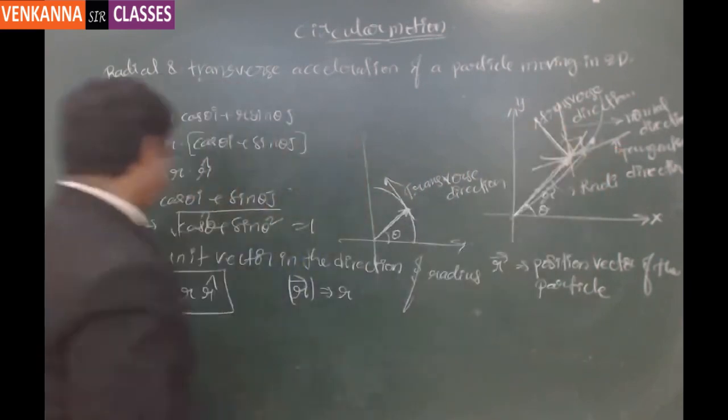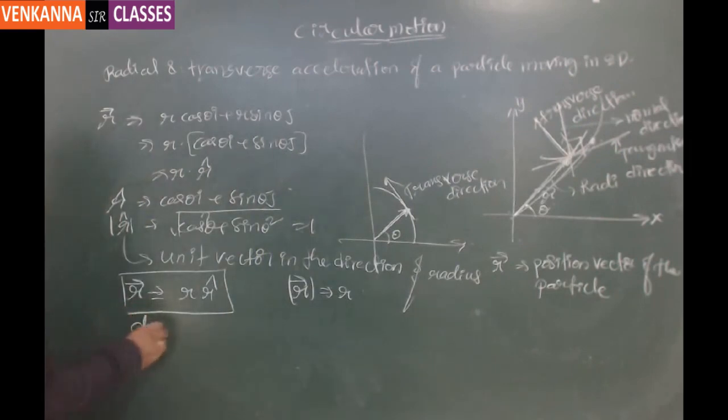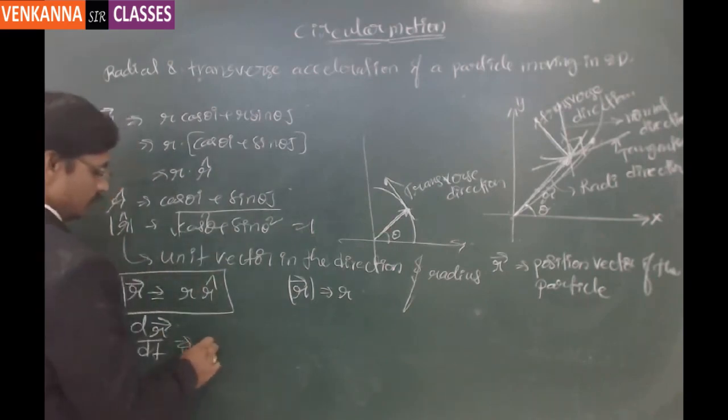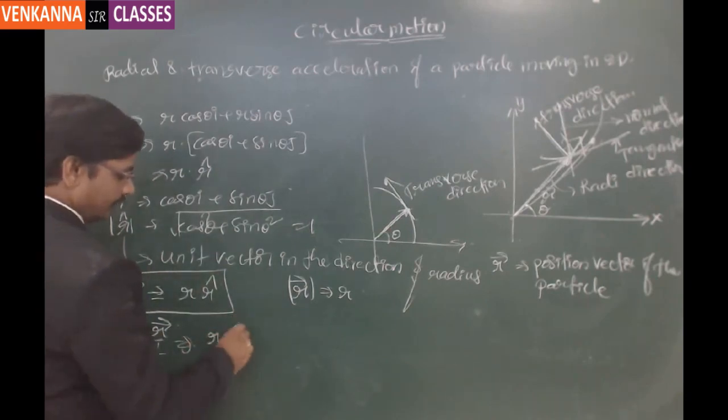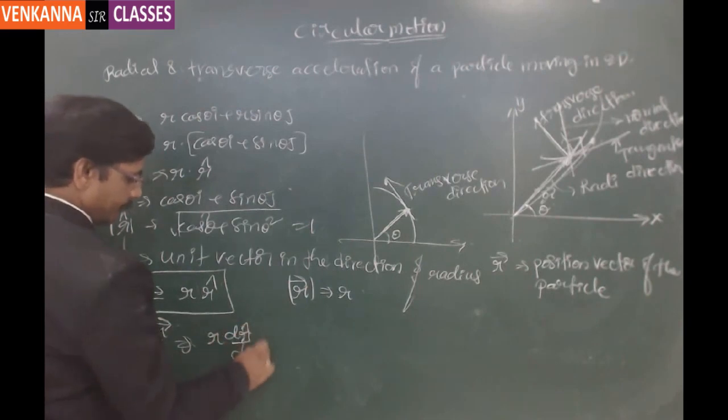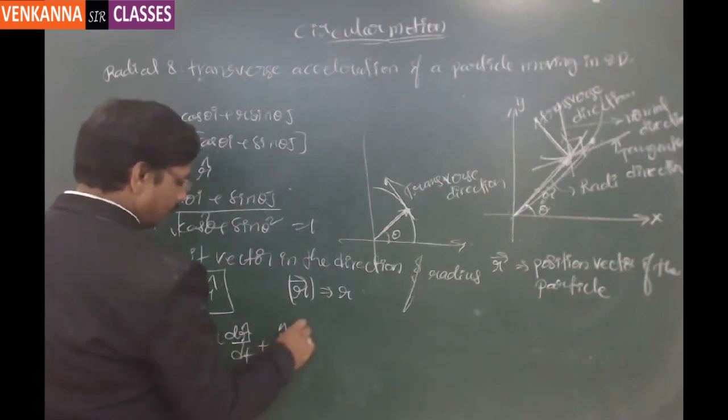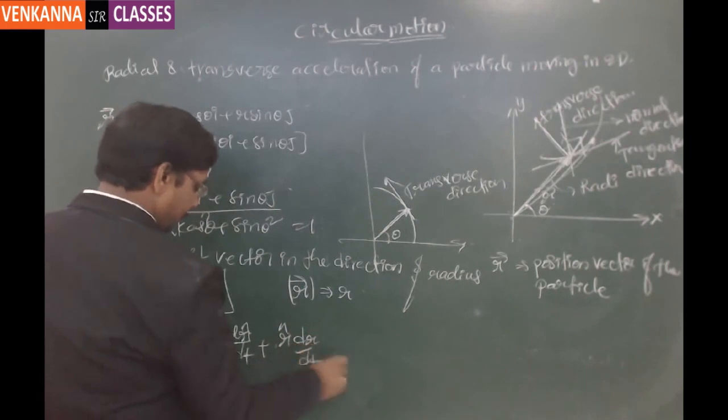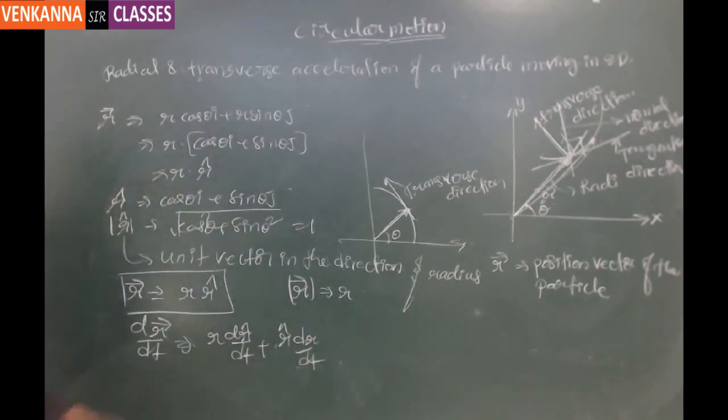Now you can calculate the derivative of r as dr bar by dt. You can apply the uv rule here: r into dr cap by dt plus r cap into dr by dt. This is the velocity vector.